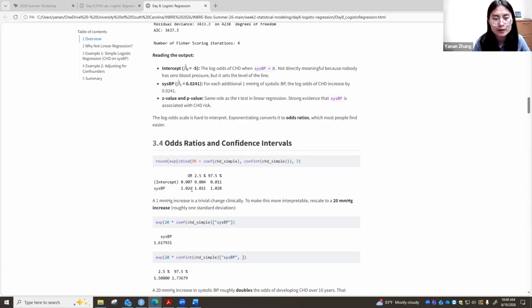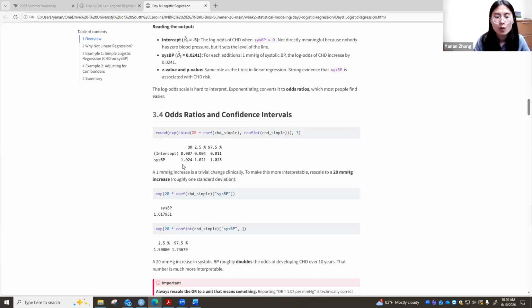Now let's try to interpret those results. 1.024, that is the odds ratio. So if we increase the systolic blood pressure by 1 unit, the odds of getting coronary heart disease will be multiplied by 1.024. That's the interpretation.